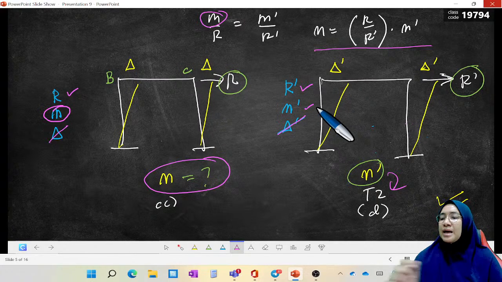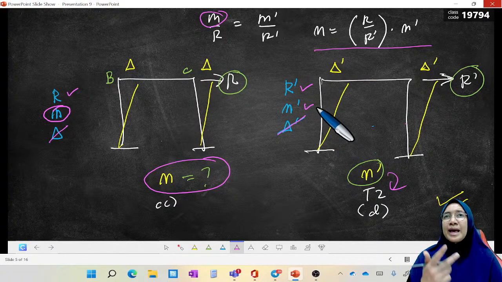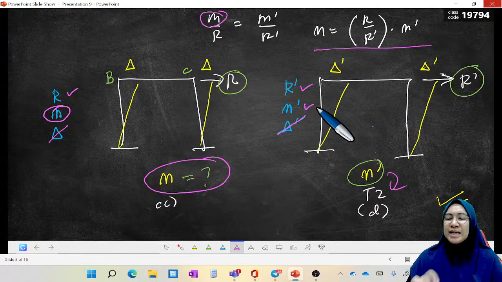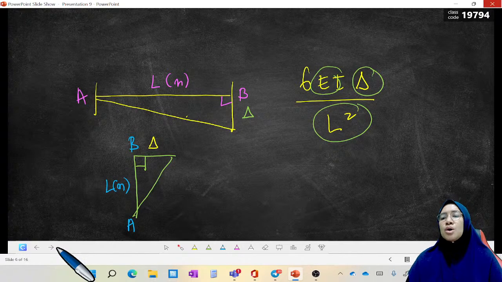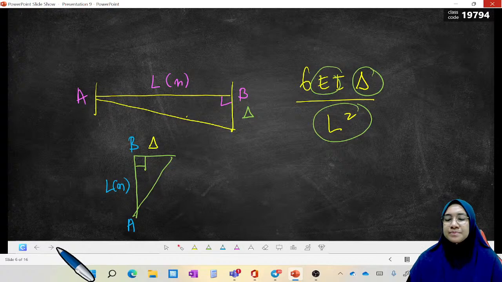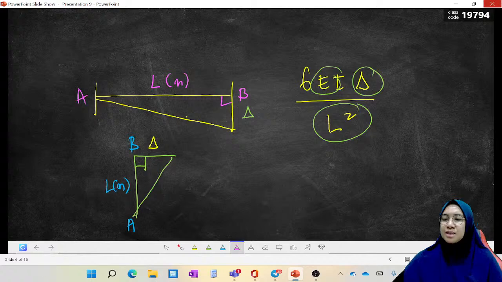M prime we can get from step 3B. So between these four, R, M, R prime and M prime, it is just like what we learned previously in school when we have two triangles.